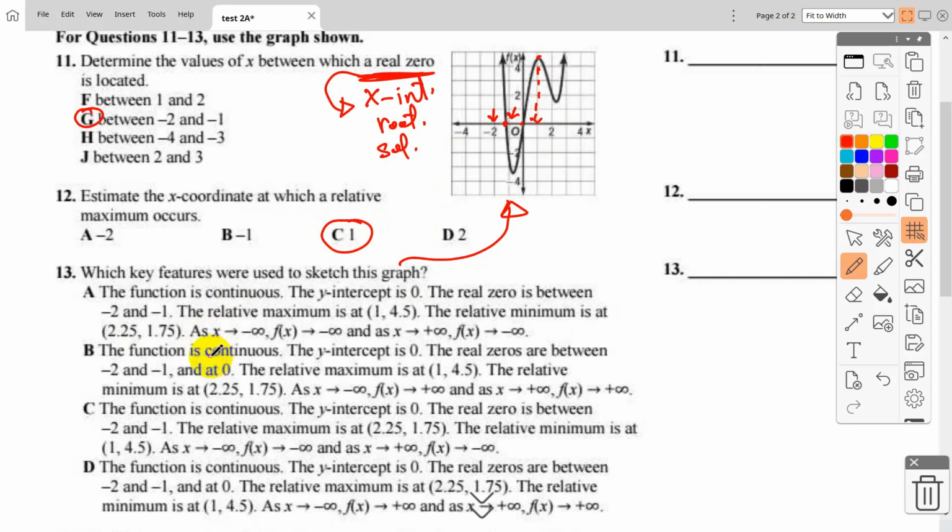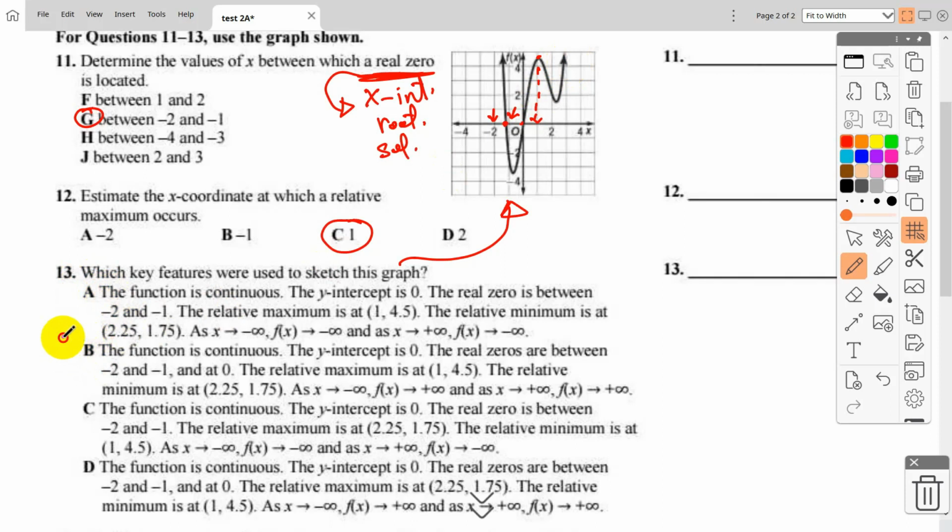And the last one, the end behavior: as x approaches negative infinity, f of x approaches negative infinity. That's wrong. The correct answer is as x approaches negative infinity, f of x approaches positive infinity, and as x approaches positive infinity, f of x approaches positive infinity. So I'll exclude option A.